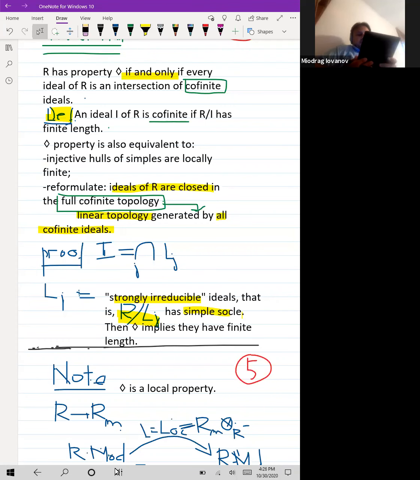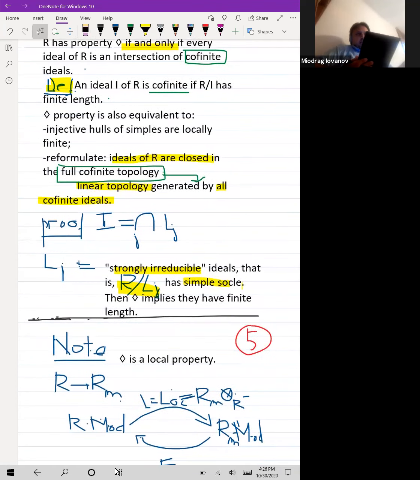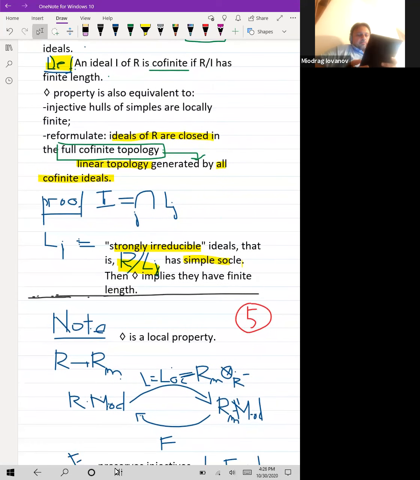It could be arbitrary, but the point is that whenever you have an x that's not in I, it's the basic observation that you can take an L maximal with respect to containing I and maximal with respect to the property that it doesn't contain x, and that will give you exactly a strongly irreducible ideal. So that's all we need.